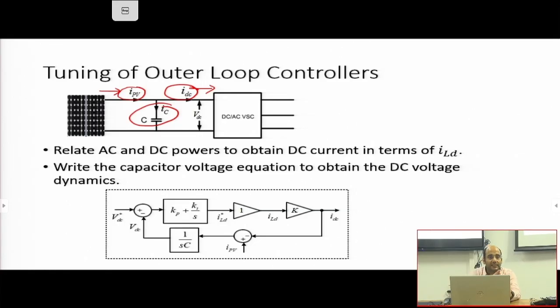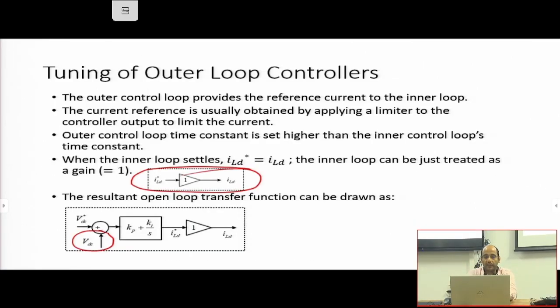And IDC can be related to ID in terms of power, because AC power and DC power for an inverter are the same, if you assume lossless. So VDC into IDC has to be equal to 3 by 2 VD into ID, right? VD you know is constant, ID is just obtained here, right? So that means the DC current and ID will just have a gain ratio.